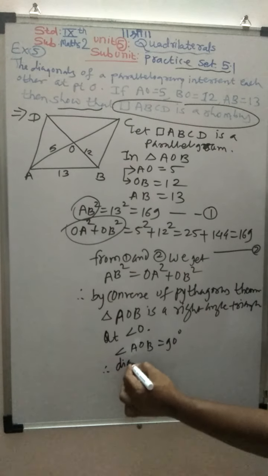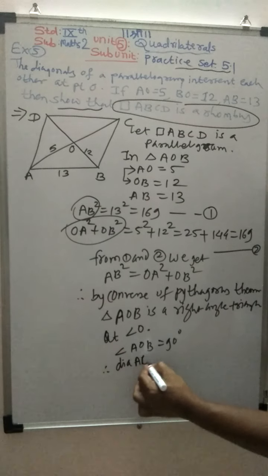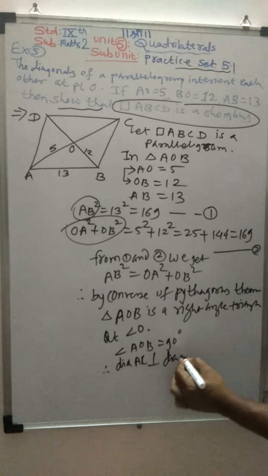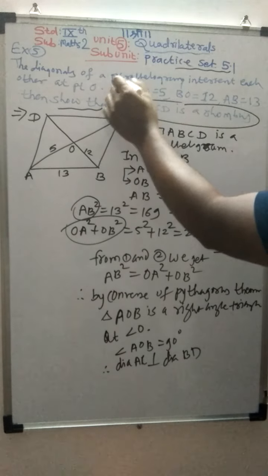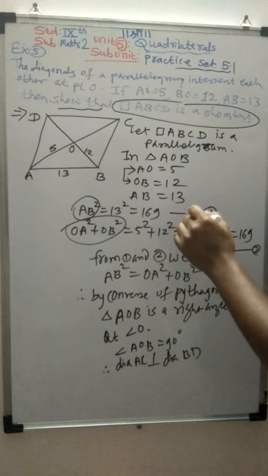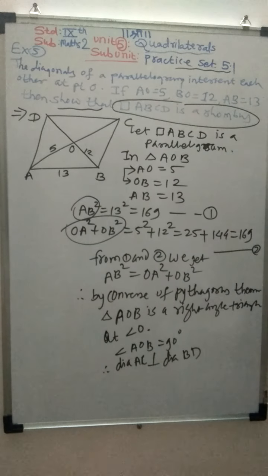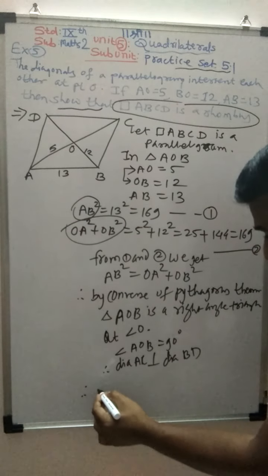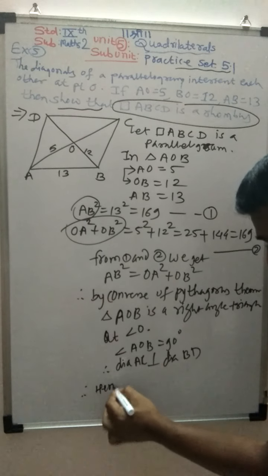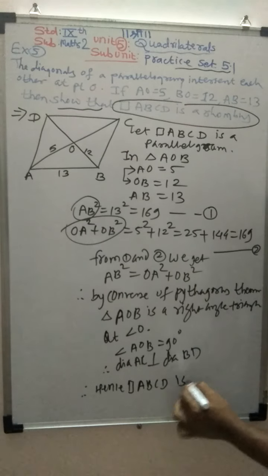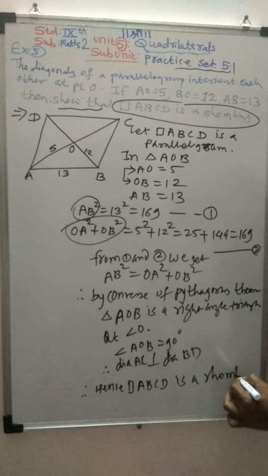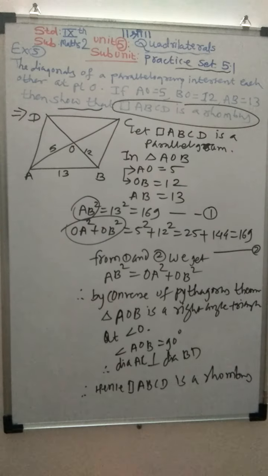Therefore diagonal AC is perpendicular to diagonal BD. Then write down, when the diagonals of a parallelogram are perpendicular to each other, the quadrilateral is a rhombus. Therefore, hence quadrilateral ABCD is a rhombus. We can prove this.